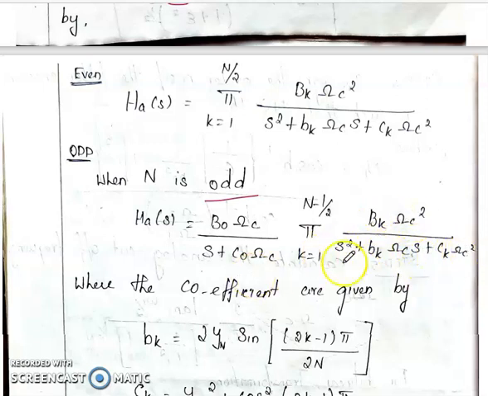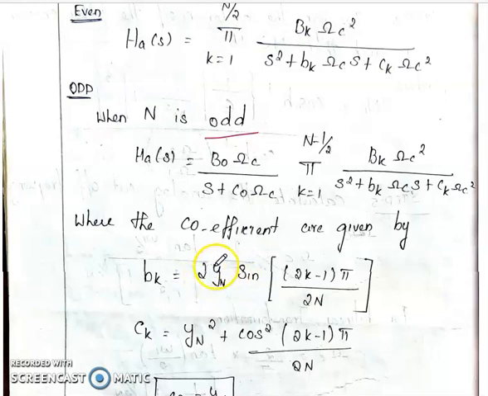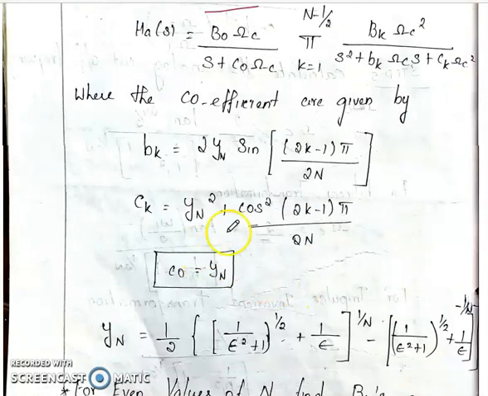For the coefficients, the bk value will be 2γn sin((2k minus 1)π/2n). The ck value is γn² plus cos²((2k minus 1)π/2n). Suppose you have the constant c0, that value is equal to γn.